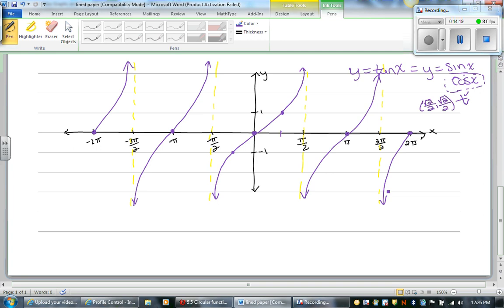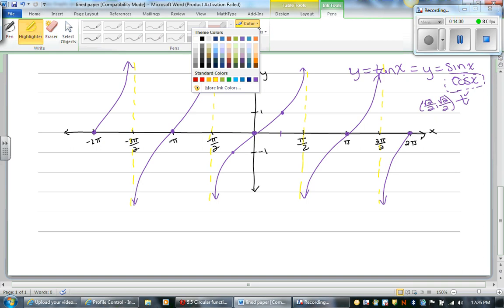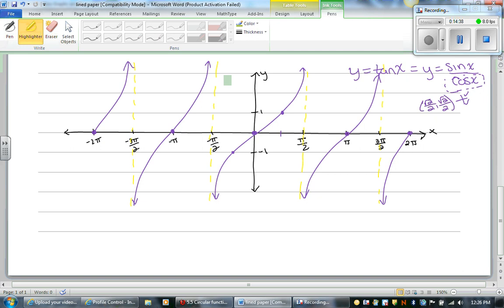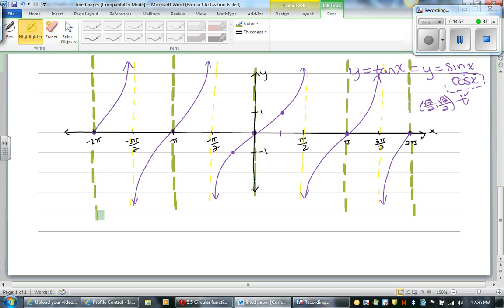Now tangent's reciprocal is a little bit different. So with tangent's reciprocal, our asymptotes are going to be changed. Okay? Instead of having asymptotes at negative pi over 2, and so forth, you're going to have asymptotes now where sine is equal to 0. So you're going to have asymptotes at 0, at pi, at 2 pi. That's where sine is equal to 0, right? At negative pi and at negative 2 pi. Okay?